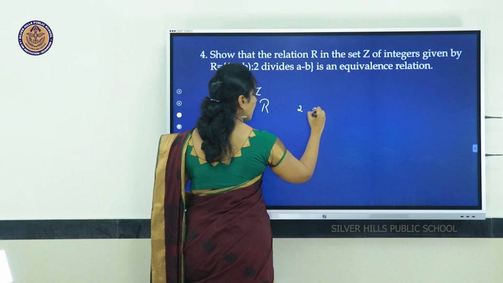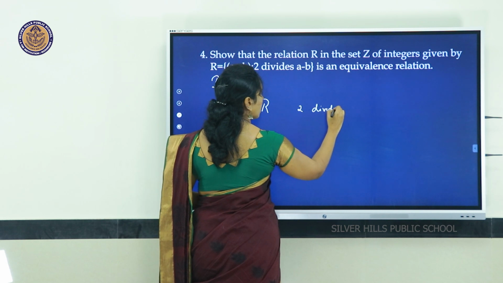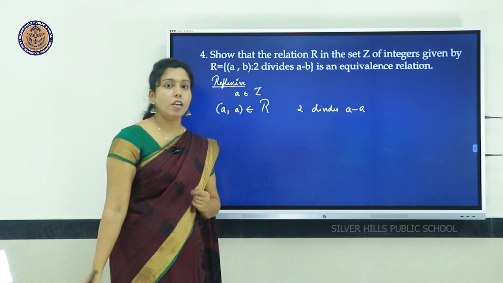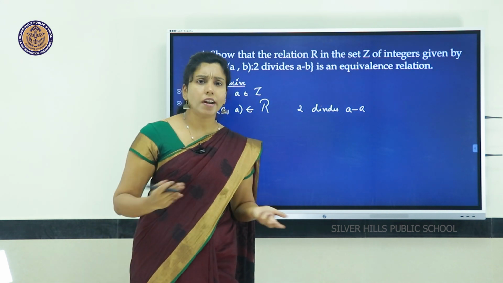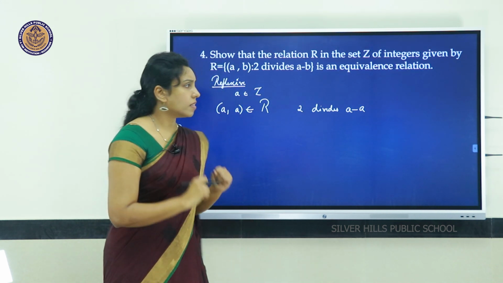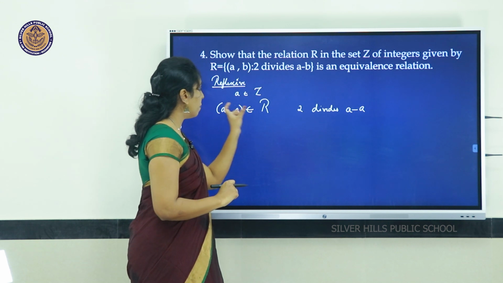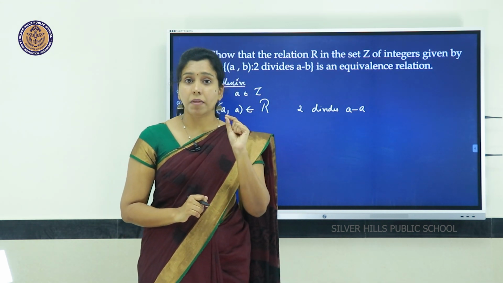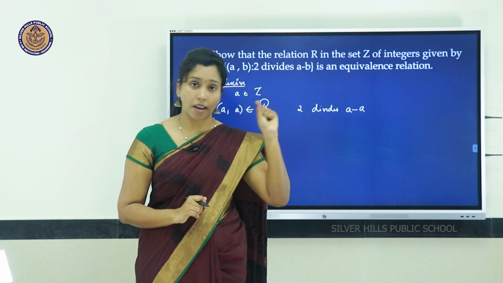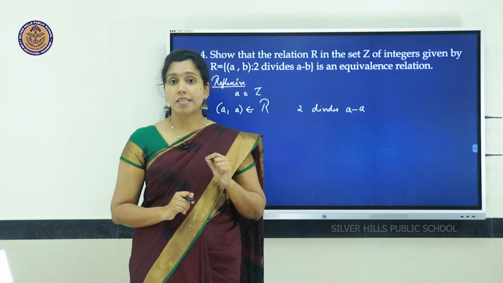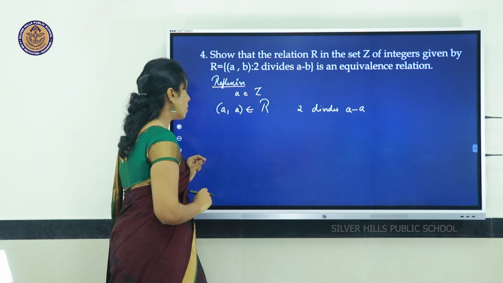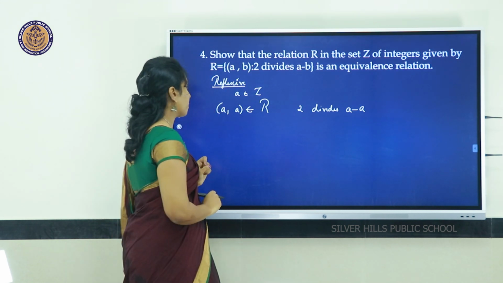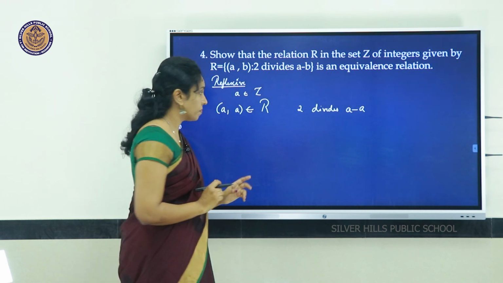Because 2 divides a minus a. What is a minus a? 0. So, 2 divides 0, no problem. In that sense, (a, a) belongs to the given relation for all a in the original set, which is the set of all integers. So, the given relation is reflexive. The first property is done.